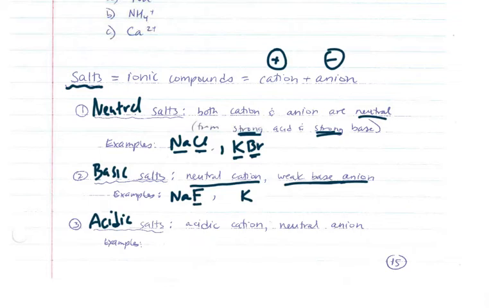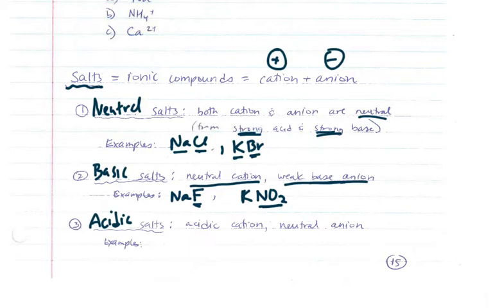Hydrogen fluoride, or hydrofluoric acid, is a weak acid. So fluoride is a weak base. It has a Kb. And a potassium salt that would be weakly basic would be KNO2, because HNO2 is a weak acid. So the NO2 minus ion is weakly basic. It acts as a weak base.